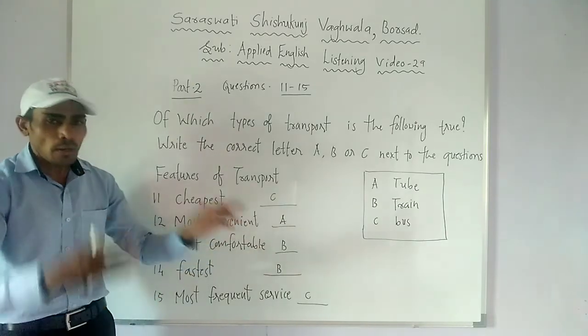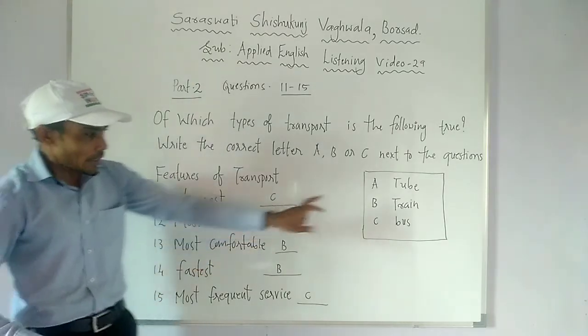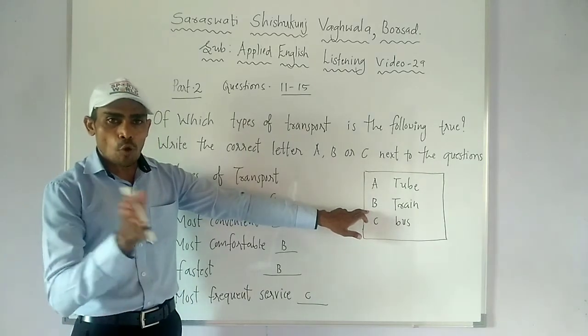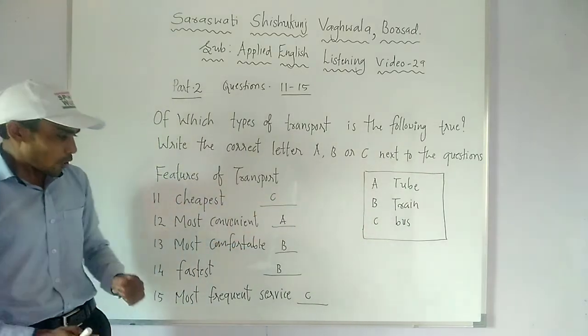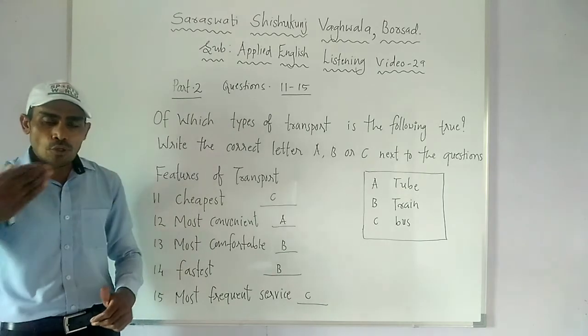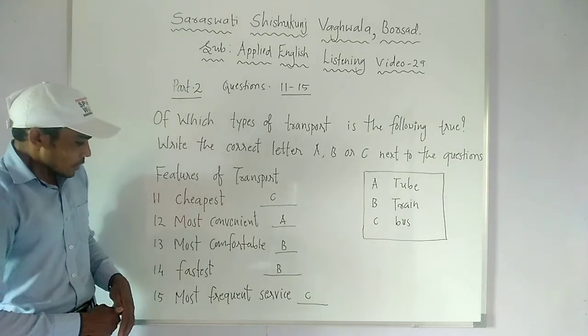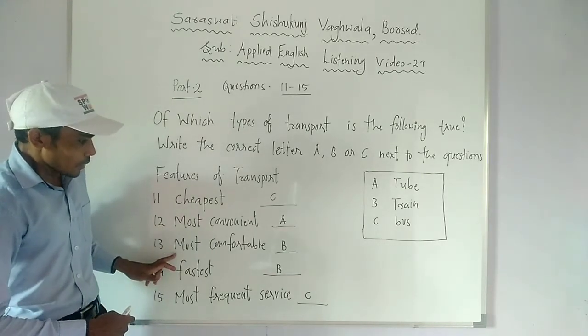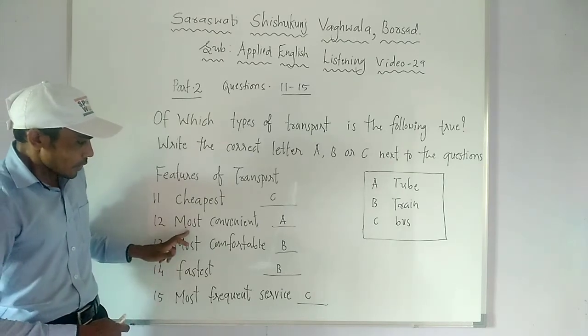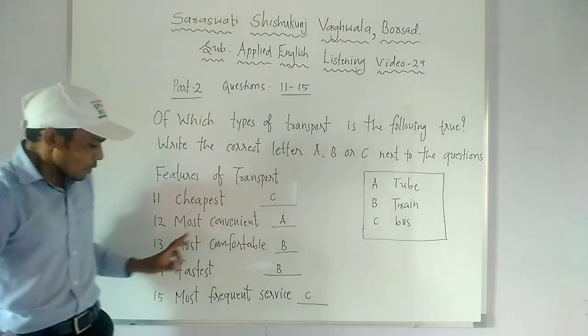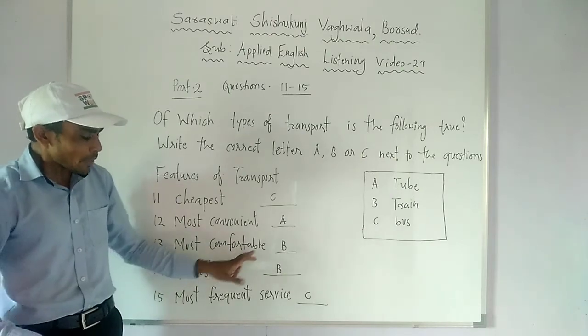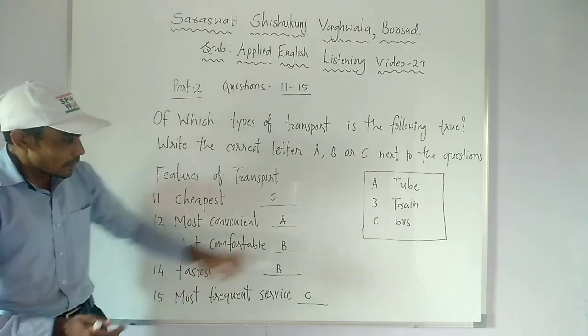The most comfortable transportation would be train. And would there be many stoppages? Yes, there would be many stoppages for her. Yes, and also she can commute. This 13th one, most convenient is tube. And what is the most comfortable? The most comfortable transportation for her is train.